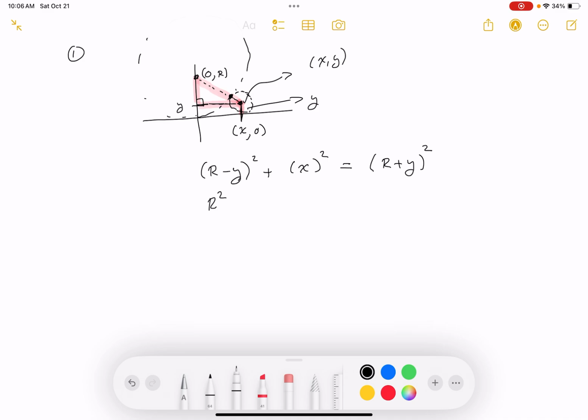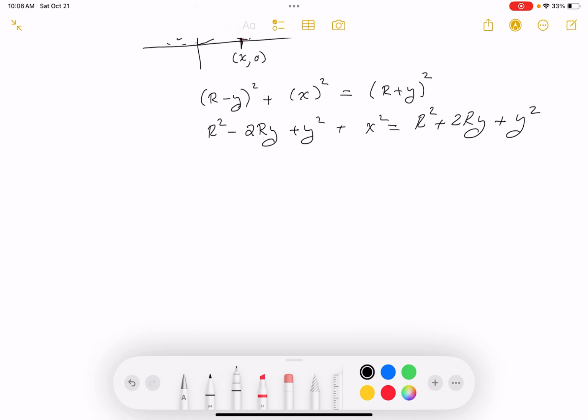So r squared minus, let's see, it's going to be minus ry minus 2ry plus y squared plus x squared is equal to r squared plus 2ry plus y squared. Well, I'm looking at this thing over here.